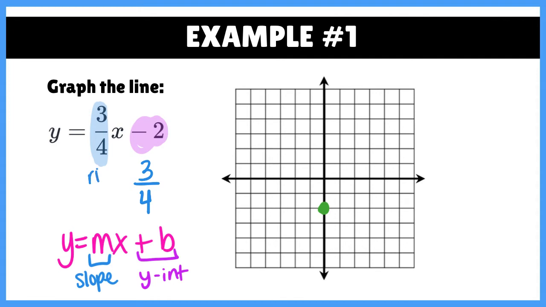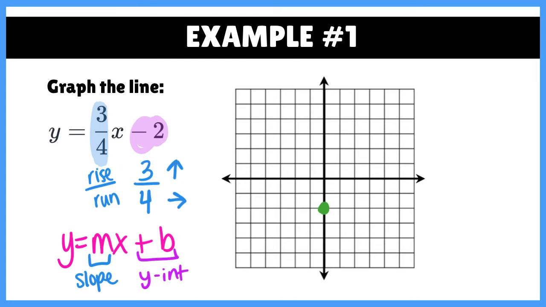Remember that this is like rise over run. That means I'm going to go up 3 and over 4 to the right, because rise means vertical distance, right? That's why we're going up. The reason we're going up is because this is a positive slope. If this were a negative slope, you would want to go down instead. So we'll do some of those in a second. But this is positive, so we're going to go up.